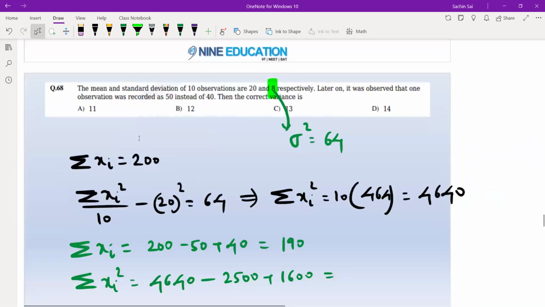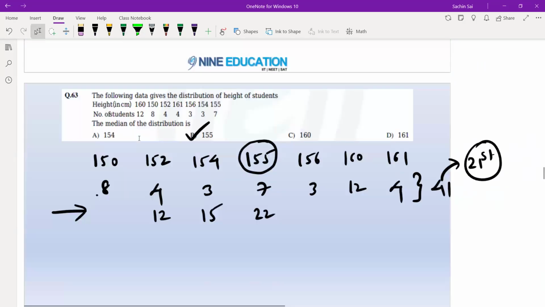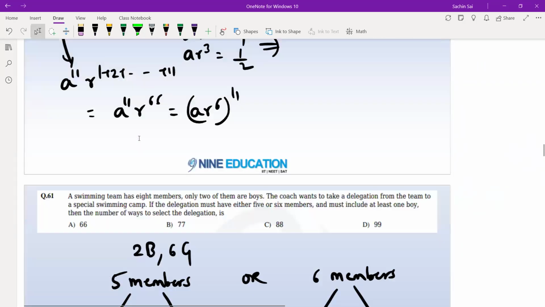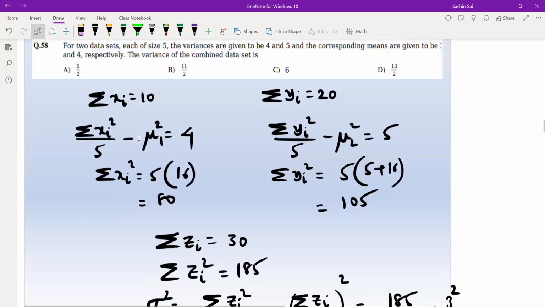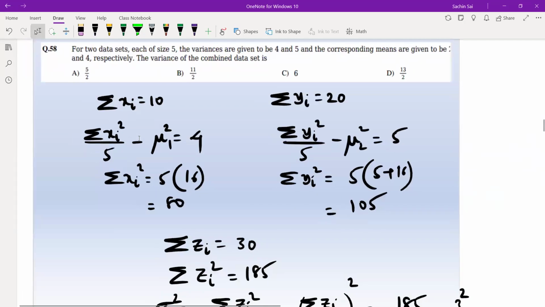So let's get back to that question there, because I'm not quite sure whether I made a calculation mistake here. Two data sets, each of size 5, variances are 4 and 5, means are 2 and 4 respectively. Unless I wrote this question wrong, if I've taken this mean as 2, right?